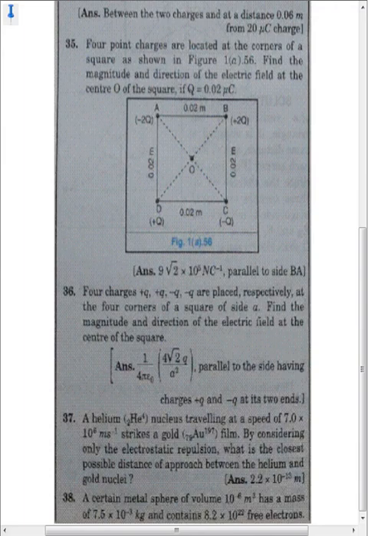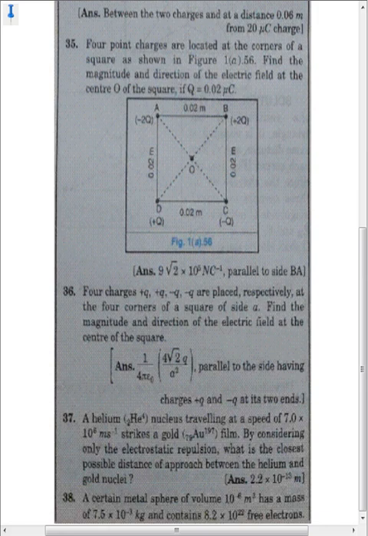For the next one, that is the 35th one, we again have an arrangement of four charges at the four vertices: minus 2q, plus 2q, minus q, plus q, taken in that cyclic order, with the length of each side being equal to 0.02 meters. We wish to determine the electric field intensity exactly at the center, that is the intersection of the diagonals.